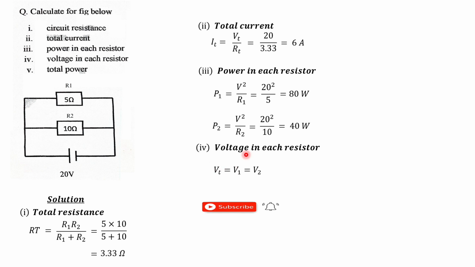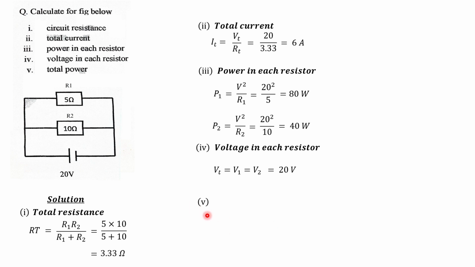So the supply voltage VT is equal to V1 is equal to V2, where V1 is the voltage across R1 and V2 is the voltage across R2. That is equal to 20 volts. I hope you understand.